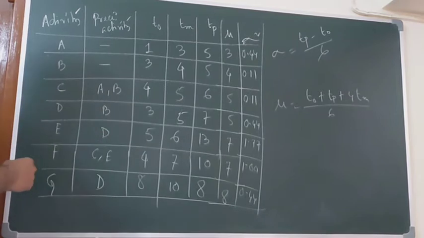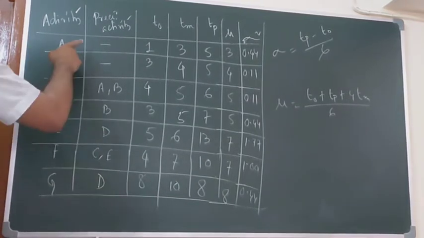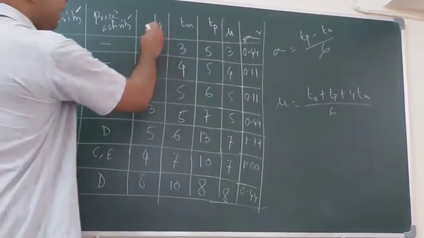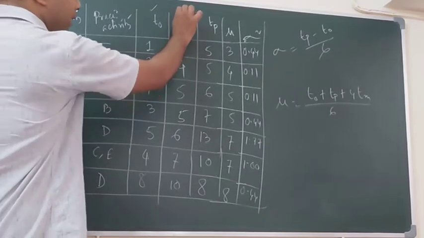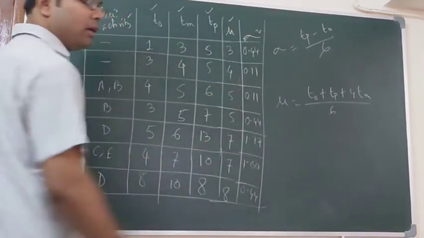This is the chart given. Here the activities are shown. The preceding activities are given, along with the optimistic time, the most likely time, the pessimistic time, and the mean. What is the mean?